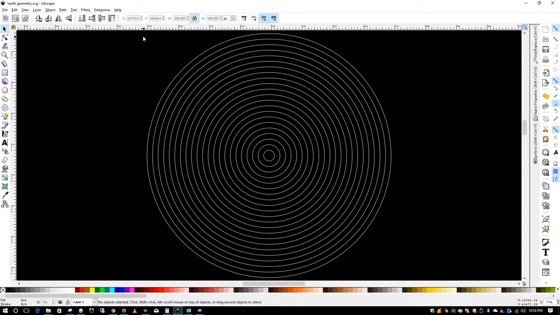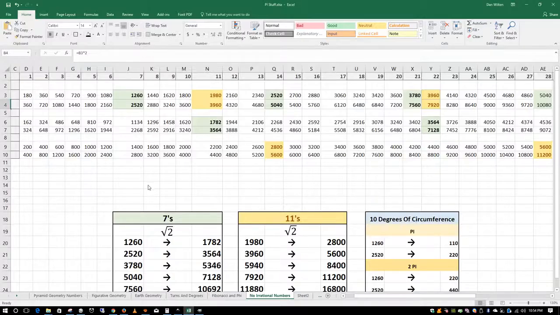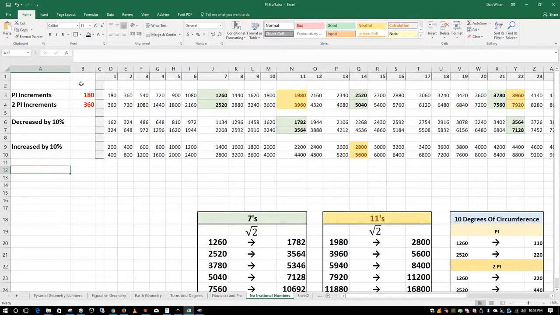So if we divide this whole thing by 22, then it represents pi. If we divide the whole thing by 44, then it represents 2 pi. But I'm going to show you both geometrically and just kind of show you how it is fractal in a way. So if we take a look at our spreadsheet here, these are the numbers, and if we use pi increments, which is 180, then this is what it looks like.